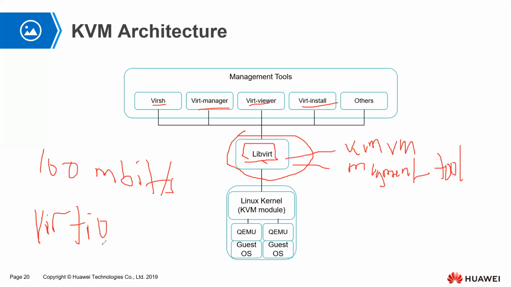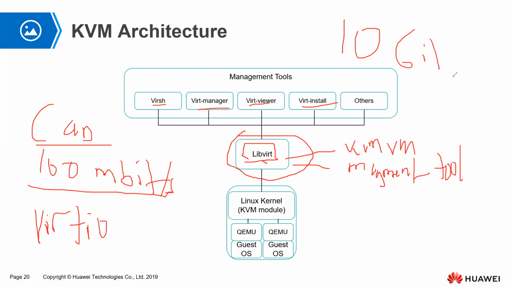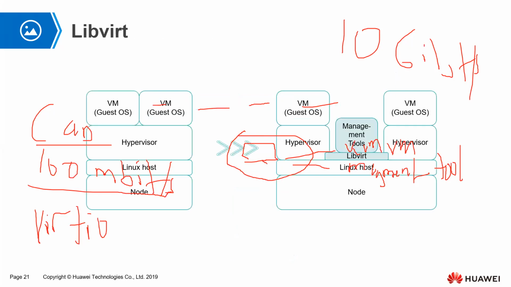VirtIO can, and I repeat, can, it's not a must, but can increase the rate of the Windows virtual machine network interface card from 10 Mbps to 10 gigabits per second.